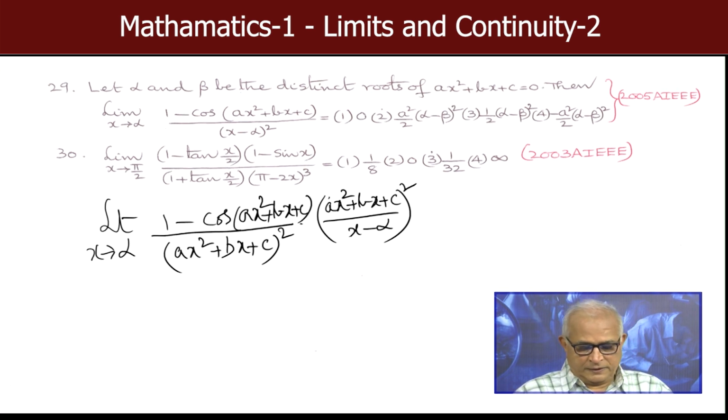I think I am correct. I have multiplied the given quotient, whose limit is required, by (ax square plus bx plus c) whole square and divided by also (ax square plus bx plus c) whole square.